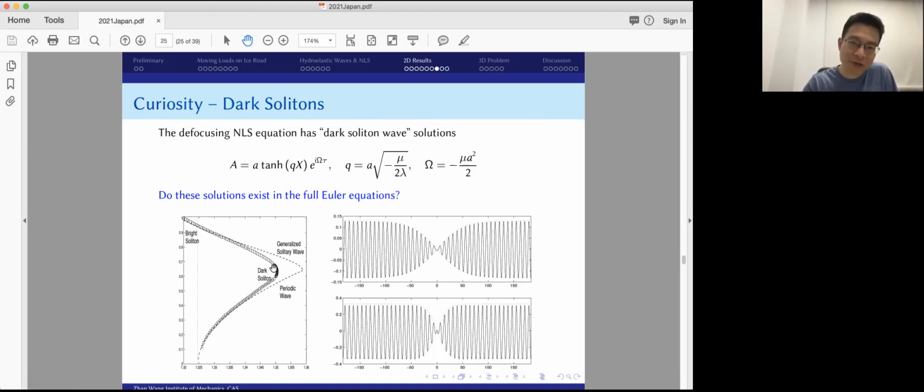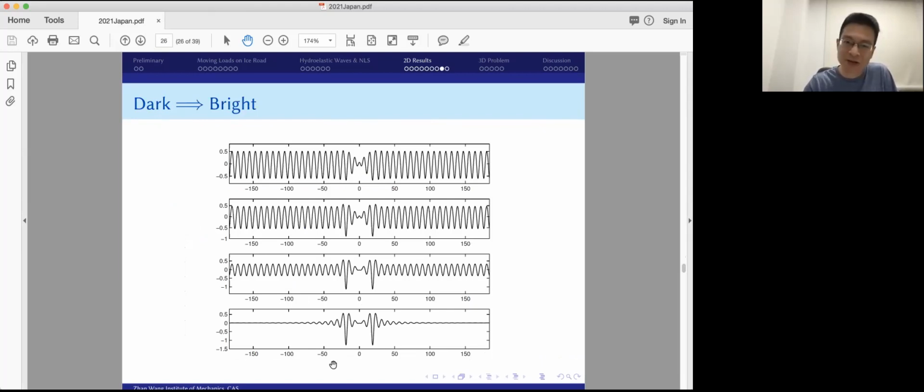When it turns around back to the supercritical regime, the dark solitary waves will first become generalized solitary waves, and then become dark-bright solitary waves. But this dark-bright solitary wave features two depression waves placed side by side. So that's the global bifurcation of the dark solitary waves.